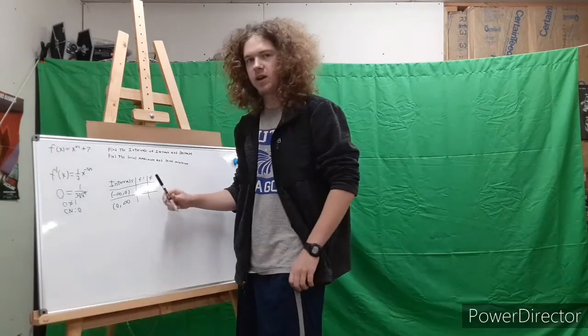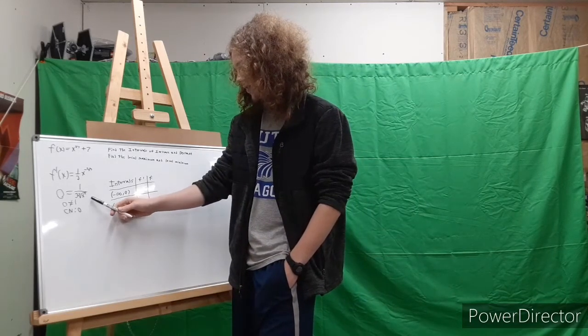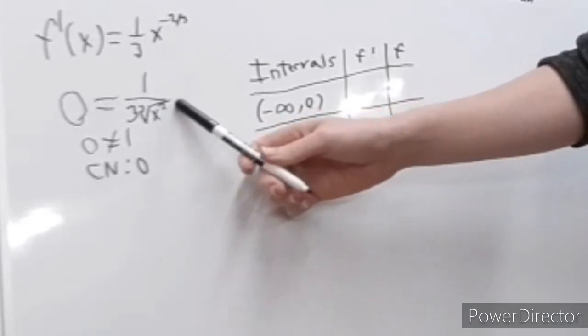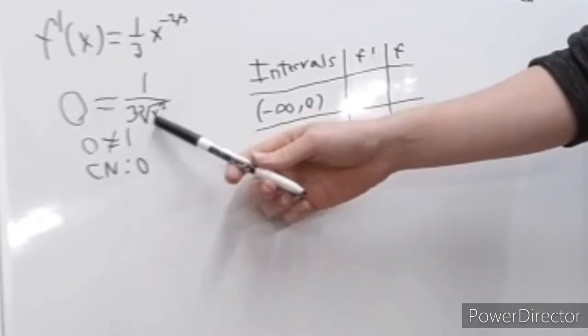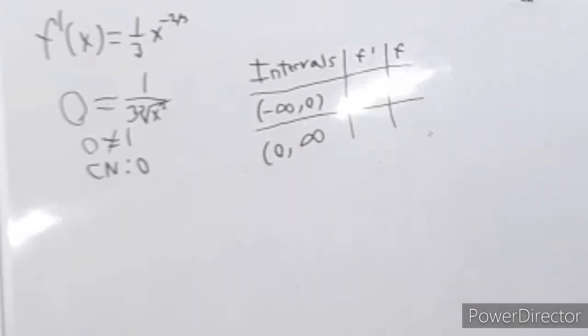So if we put a negative number in for x, well, the x squared makes it positive, cube root it's still positive, times 3 it's still positive, 1 divided by a positive number is still positive.